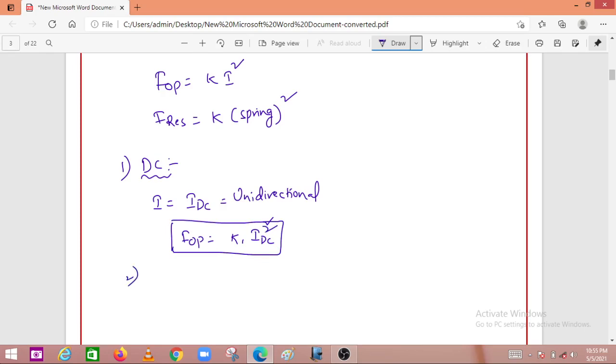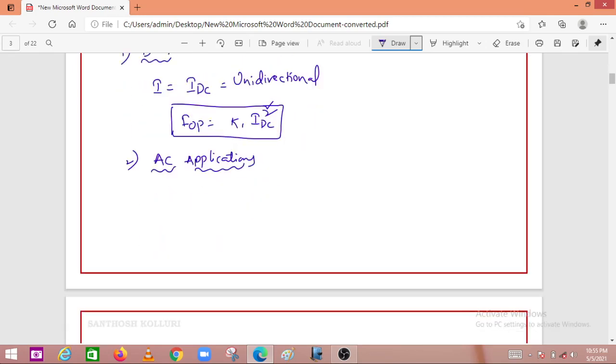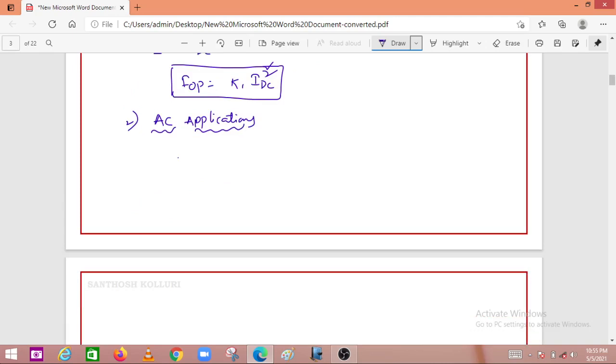So that will operate for DC application. For example, if you apply it for AC applications, the current I is equal to Im into sin omega t. From this, what is the RMS current here?